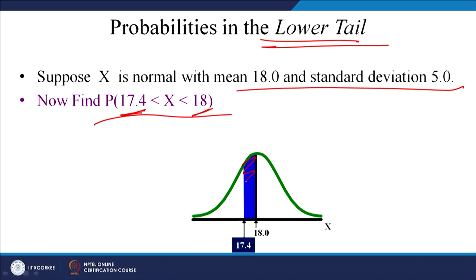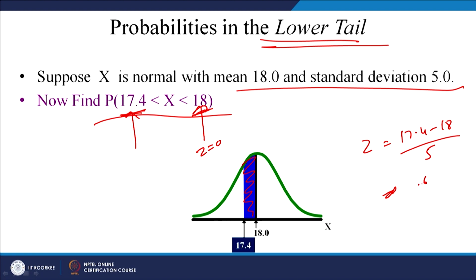So, this is the area we have to calculate, right. First of all, convert these two values into z, right. We have already calculated z for x equal to 18. So, this was 0. For the other, z is equal to x minus mu divided by sigma, so 17.4 minus 18 divided by 5. It would be some negative value, right, is it not.